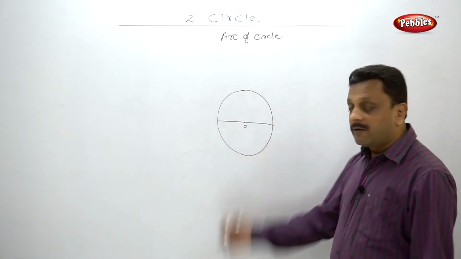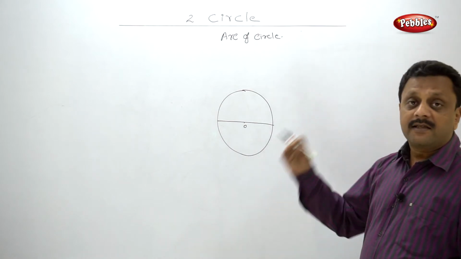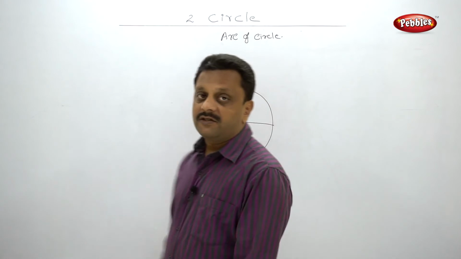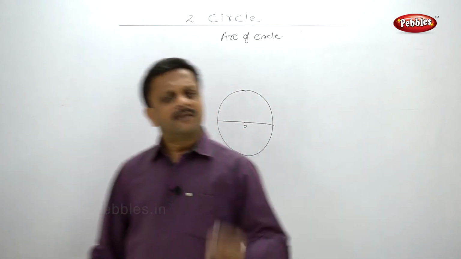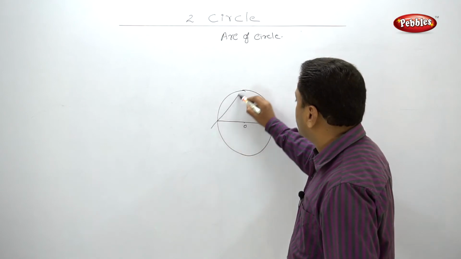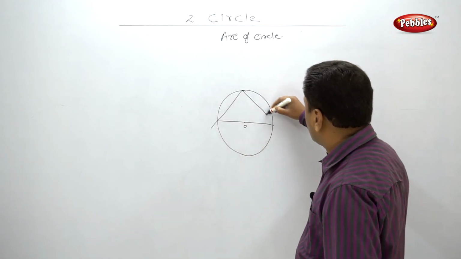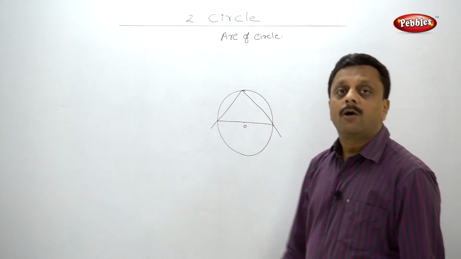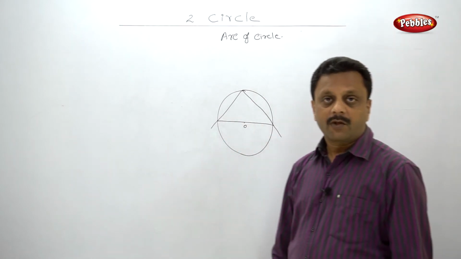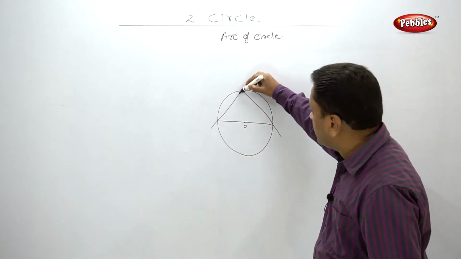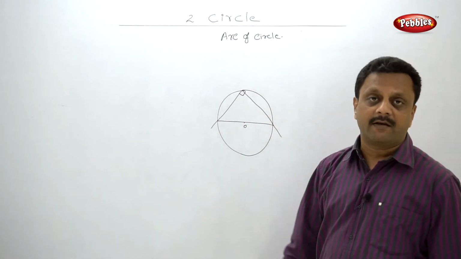Or in other words, I can say that the angle subtended by a diameter is a right angle. This is very simple. Why? Because let us check here. This is an angle subtended by a diameter. Diameter is the longest chord. Okay, and this is a right angle.